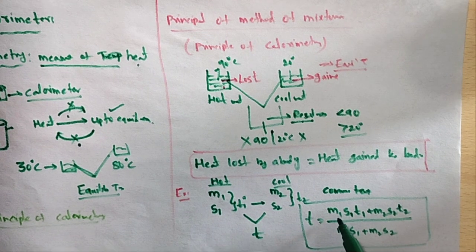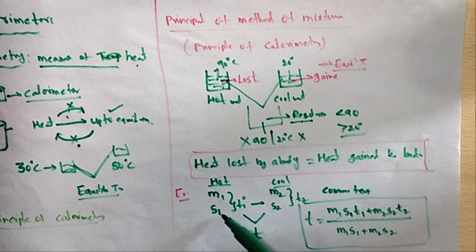Okay, M1 is the mass of the first object, S1 the specific heat of the object, T1 the initial temperature, and M2, S2, T2 for the other object. What is the common temperature after mixing? T is equal to M1S1 T1 plus M2S2 T2 by M1S1 plus M2S2.